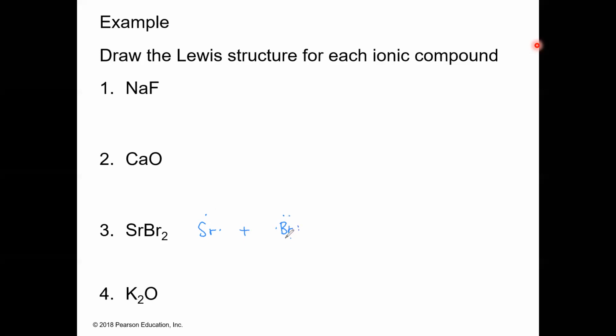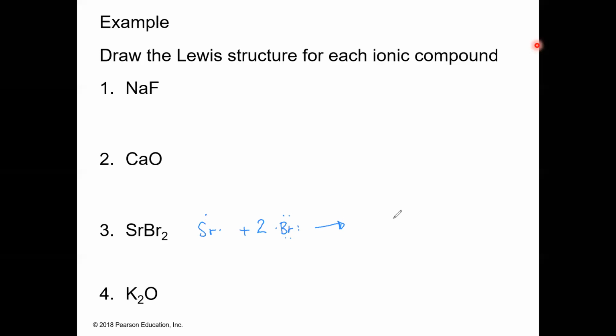We see here that we will need 2 of our bromines in order to form our ionic compound here. So when forming strontium bromide, we see that each of our bromines only needs one more valence electron, but strontium is going to give up both of its valence electrons.